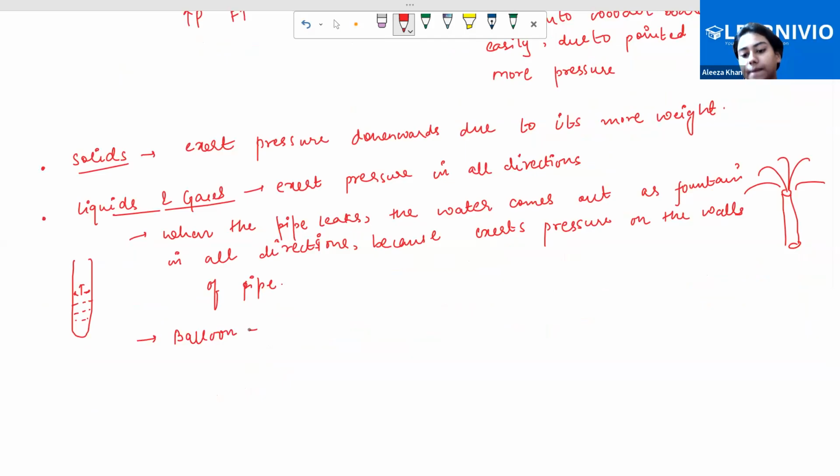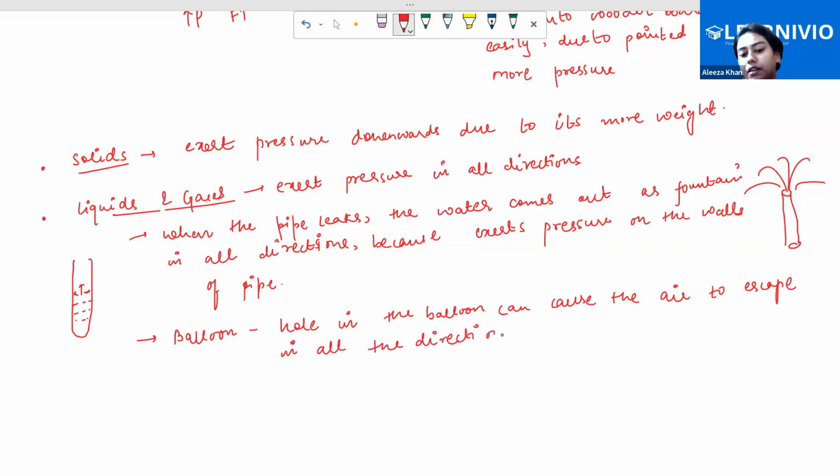A hole in the balloon can cause the air to escape in all the directions. Okay, in all directions. Are you familiar with this?